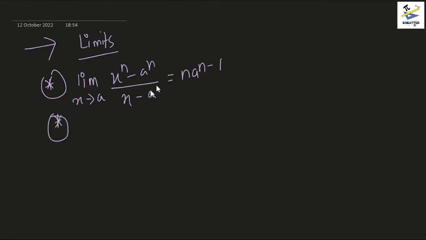So this result, as you remember, was limit x tends to a of x to the power n minus a to the power n by x minus a equals n into a to the power n minus 1.